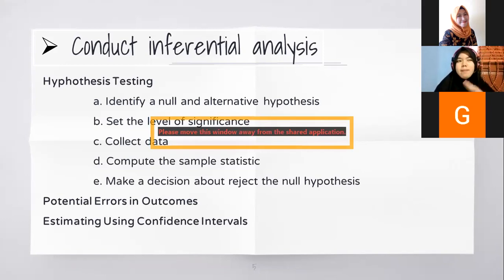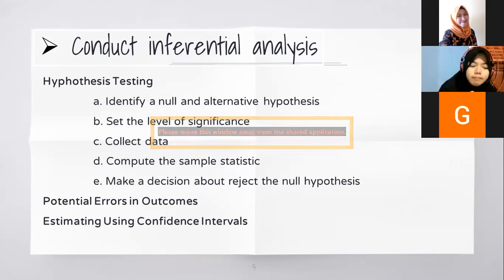A computer program is used to compute a statistic value and determine if it falls inside or outside of the critical region. After that, we can make a decision about whether to reject or not, which is like a conclusion on whether there is a difference between the two things.